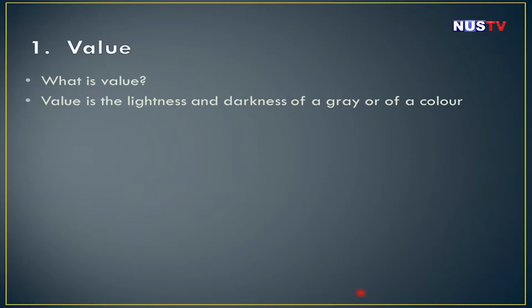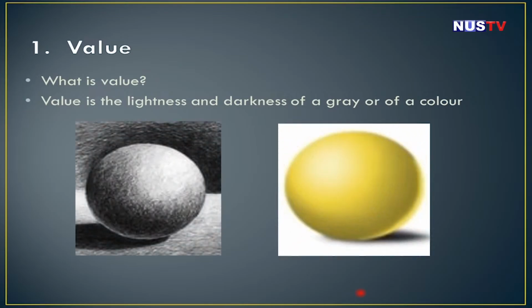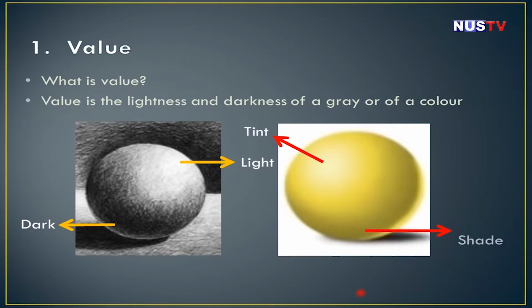When white is added, or the color value is light, it is called tint. When black is added, or the color value is dark, it is called shade.